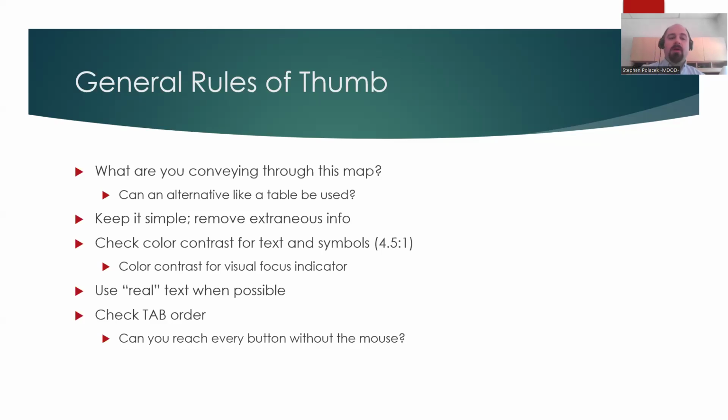Third is to check your color contrast, mostly for your text and your symbols, so your legend and anything that's appearing on the map. Maps themselves are very visually complex, so color contrast for them is very tricky. A lot of what we're going to be concerned with, though, is the actual labels.